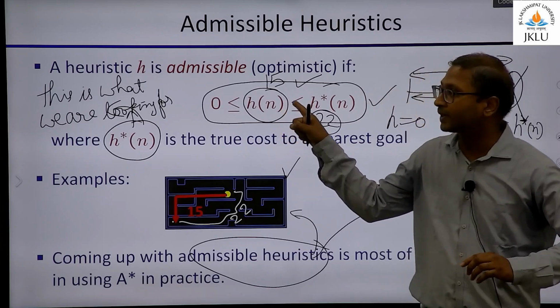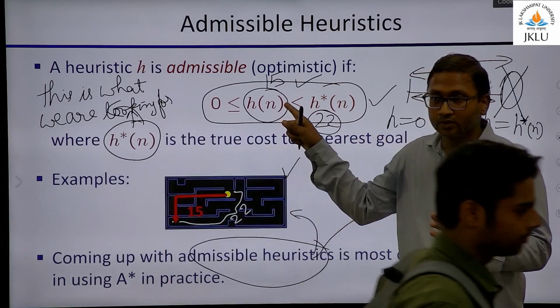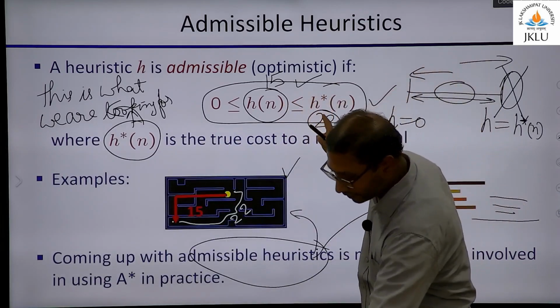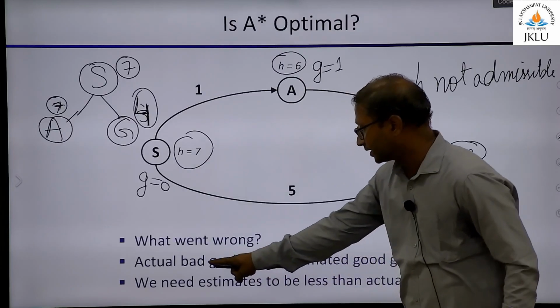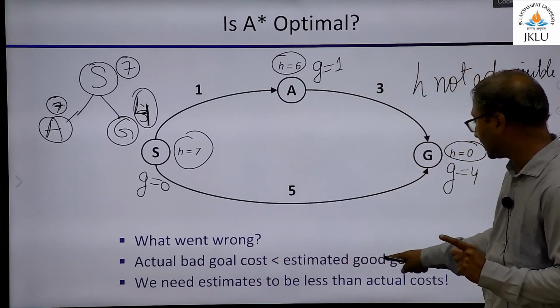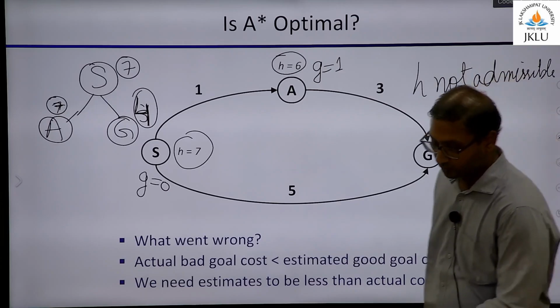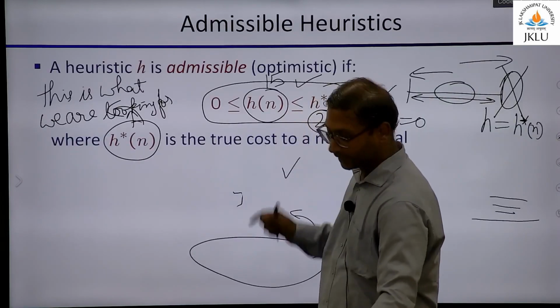Those rules are given by this equation that says your H, and see, this is what they have written here. If you see this last thing, actual bad goal cost is lesser than estimated good. So this must happen, right?